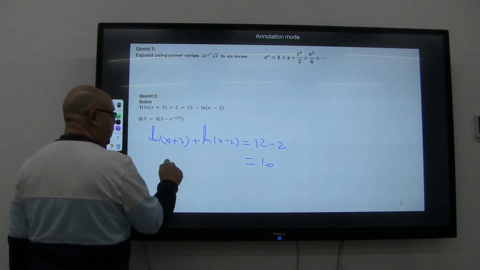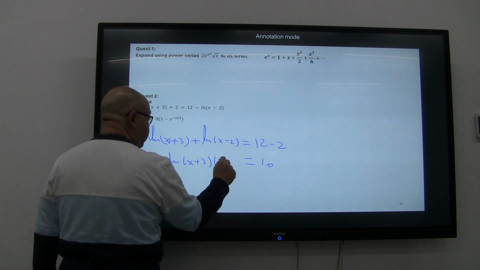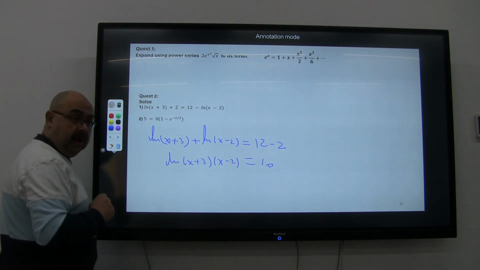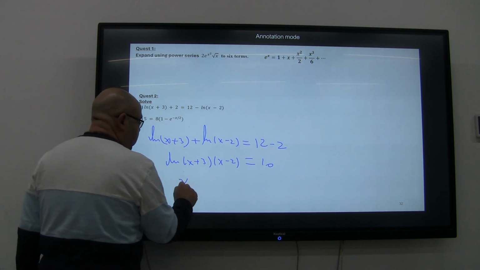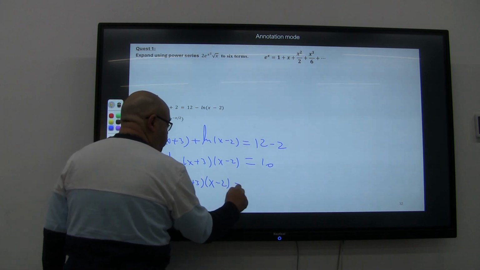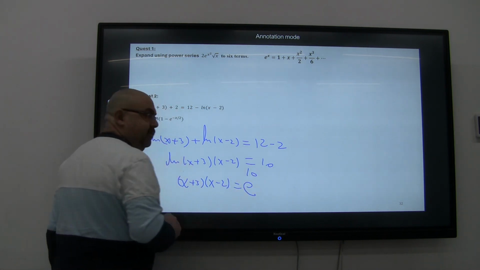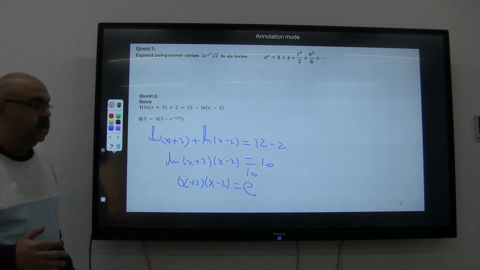For those ones, it's going to be ln of (x plus 3) times (x minus 2). The next step is (x plus 3) times (x minus 2) will equal e to the power of 10. Logarithmic function goes to exponential and vice versa.